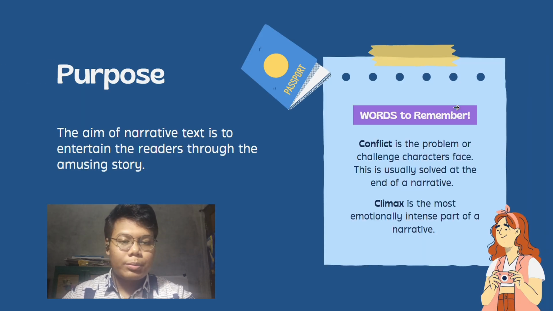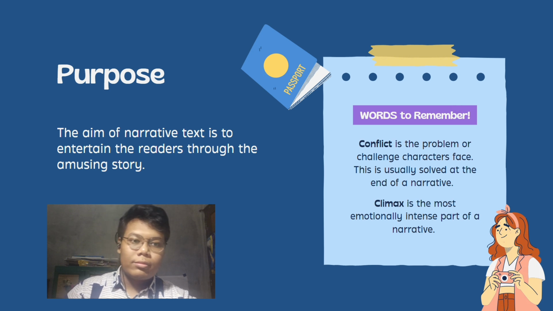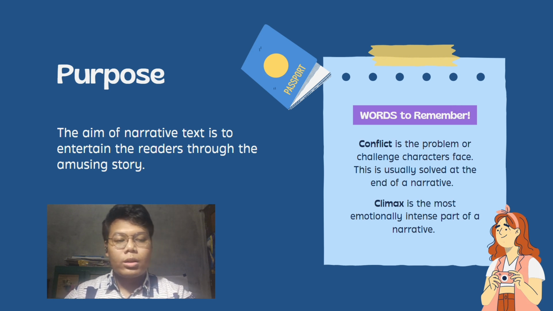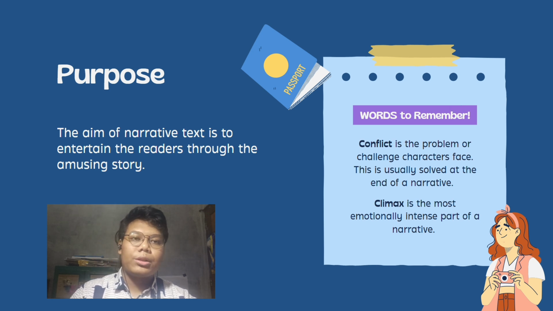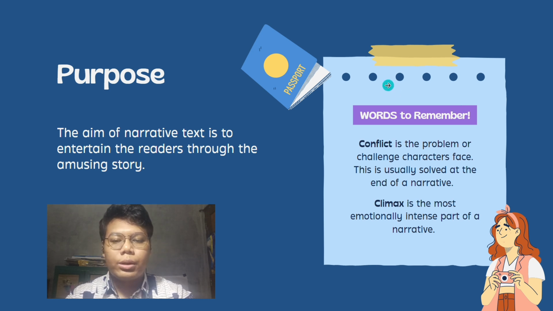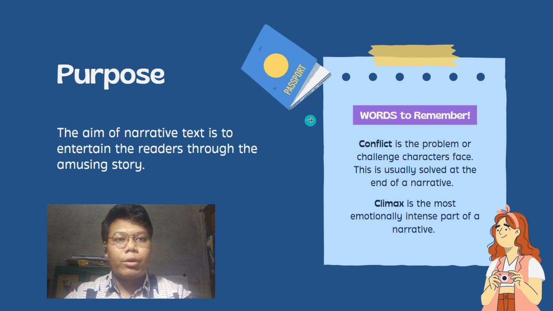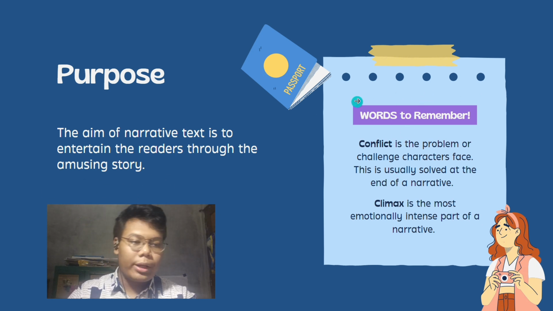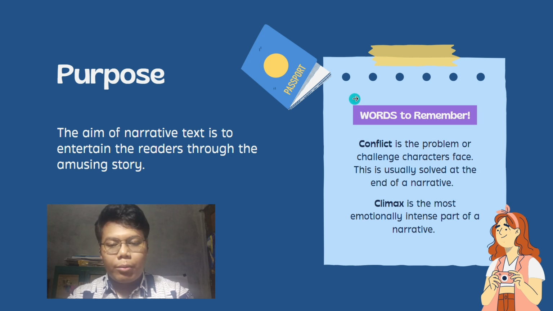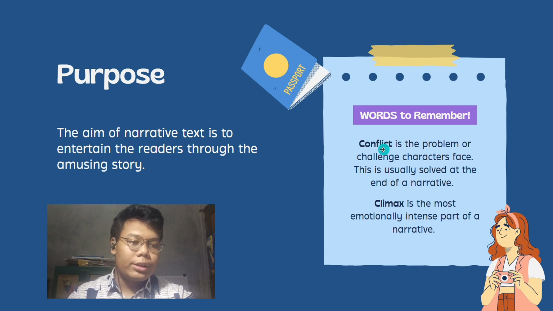And then next page. So, what is the purpose of narrative text? The purpose of narrative text is to entertain the readers through an amusing story. For the amusing story, you need to remember the words on the right side of the PowerPoint.